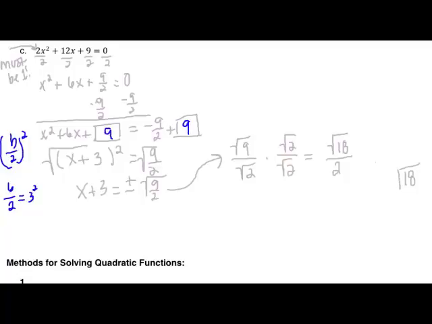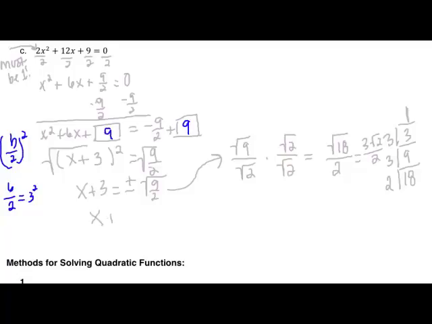I know that it's divisible by 2, and that gives me 9. 9 is divisible by 3, and I get a 3. 3 is divisible by 3, and that gives me my 1. So I have a group of 3's and a 2. So this is 3 square roots of 2 over 2.